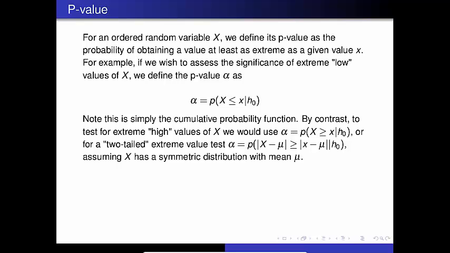If we're looking for big values of x, we would use this form. If we're looking for extreme deviation from the mean, mu, then we would use this form, okay? I'll get in a moment into the question of why you would be looking for big, little, or highly deviant values. What drives that choice? Any questions about this?